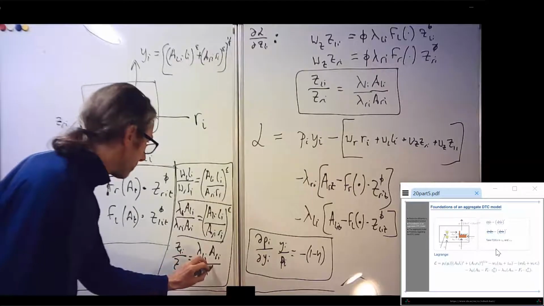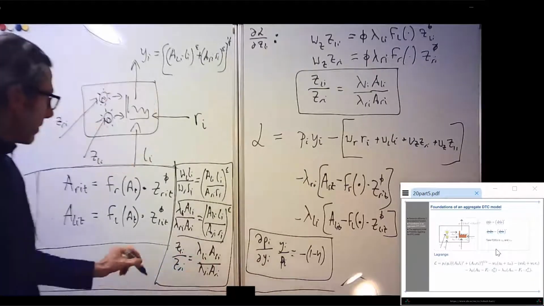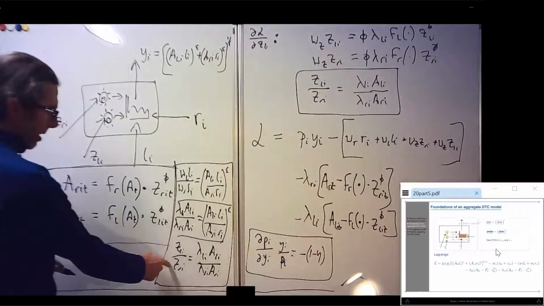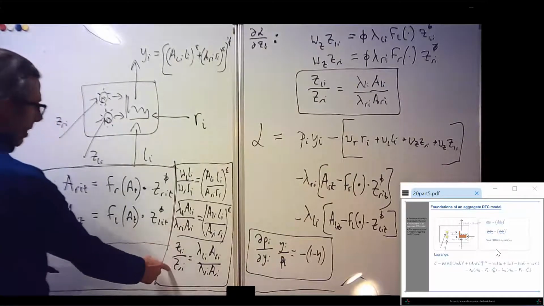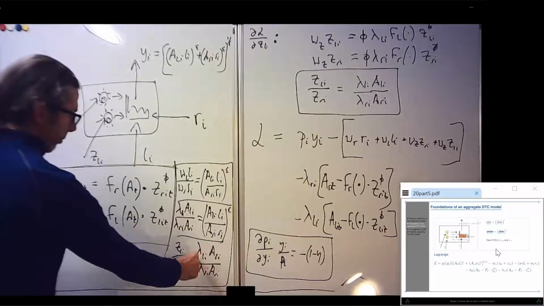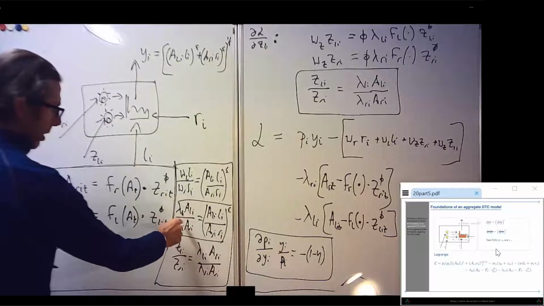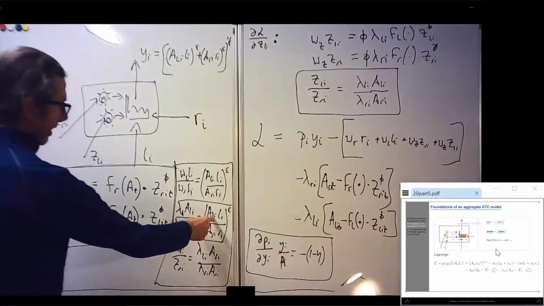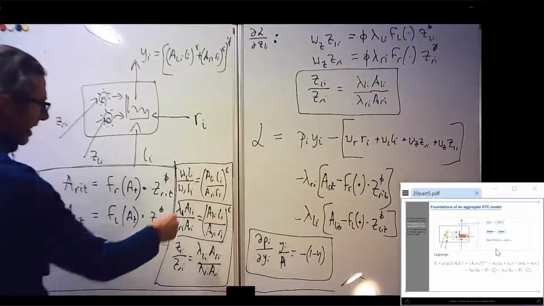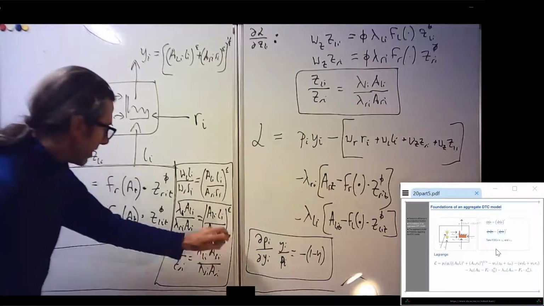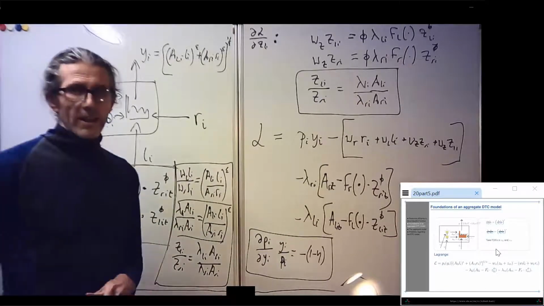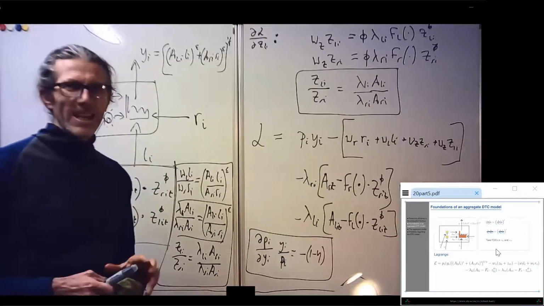This is saying relative investments in the two types of knowledge are given equal to this. But this is equal to this. And this is equal to that. So we put this chain of three results all together. What do we get? Pause the video and have a think.